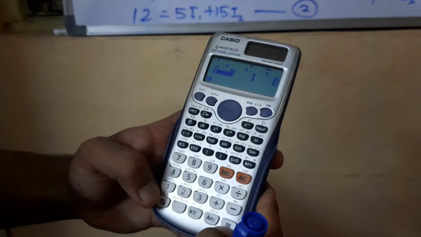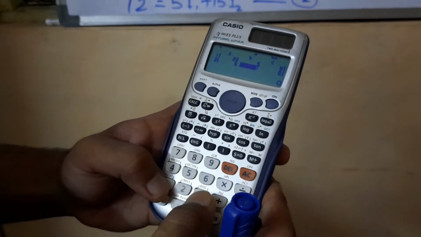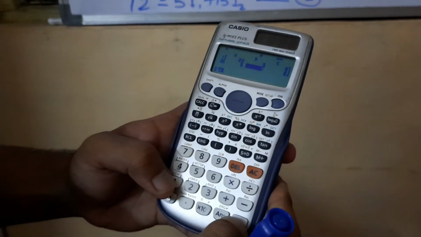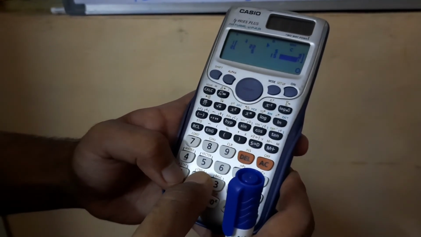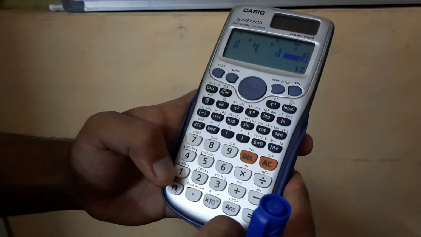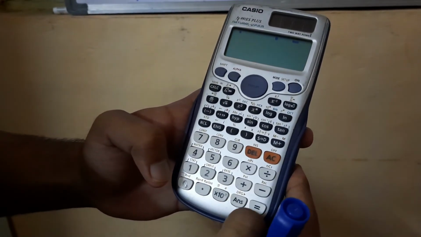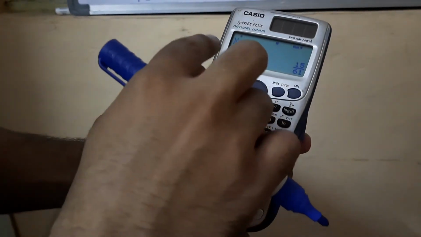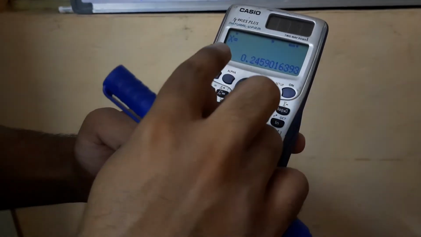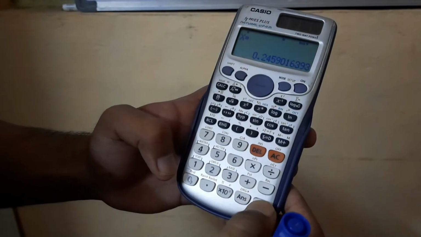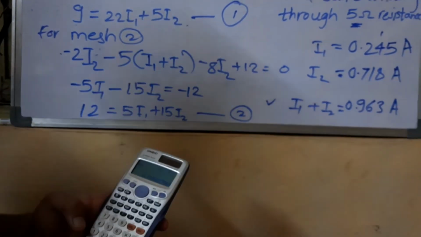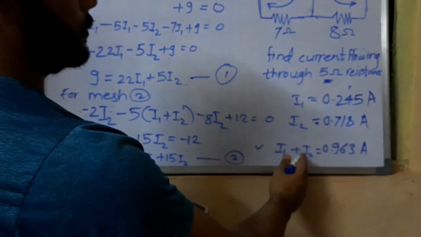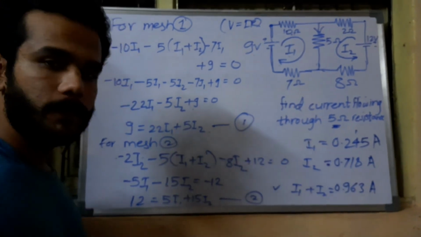For the second equation, the 5 I1 term, then the coefficient of I2 is 15, and then the term C, that is 12. Then click on equals, we get X, that means the I1 value, 0.245, and I2, 0.718. And if you carry out the sum of I1 plus I2, then you will get this answer.